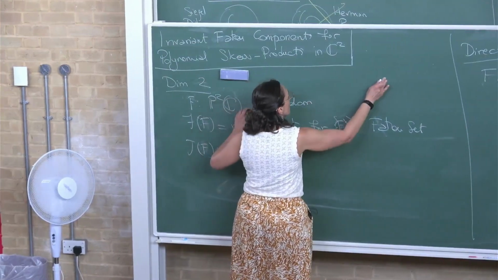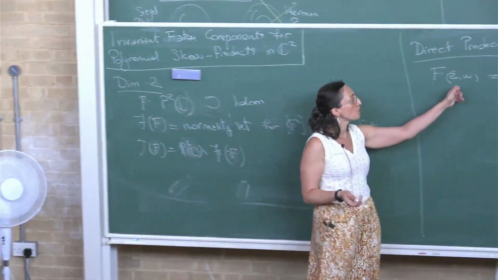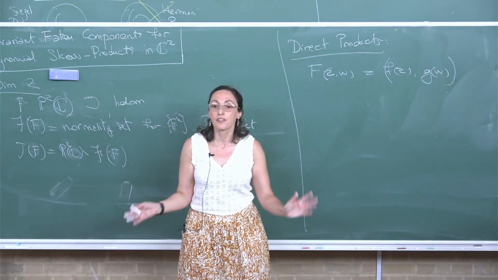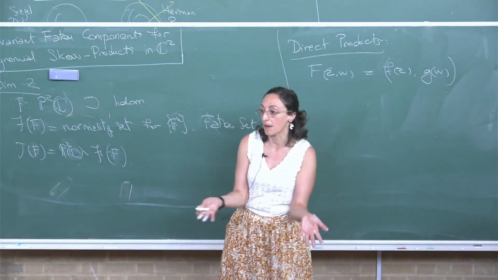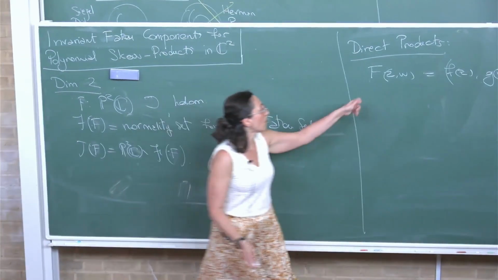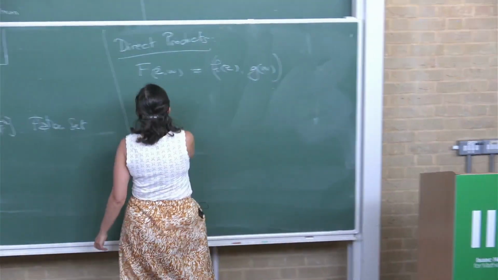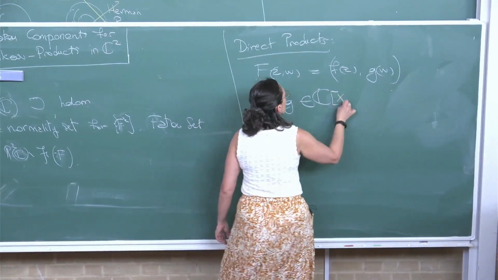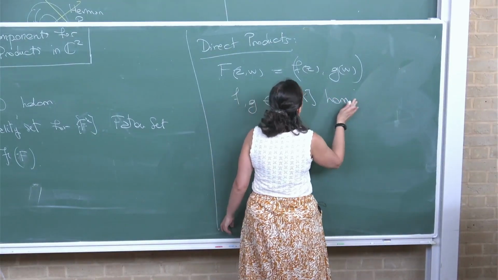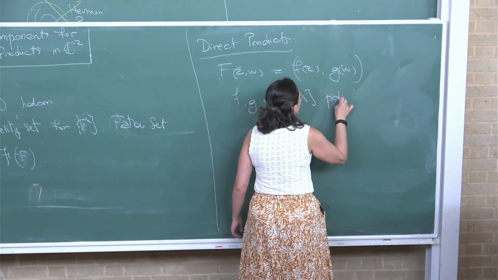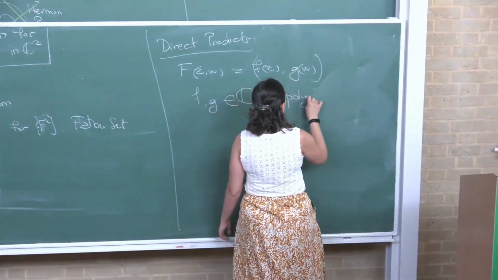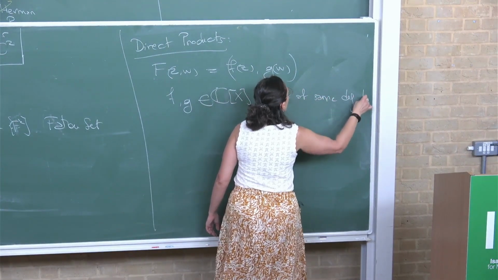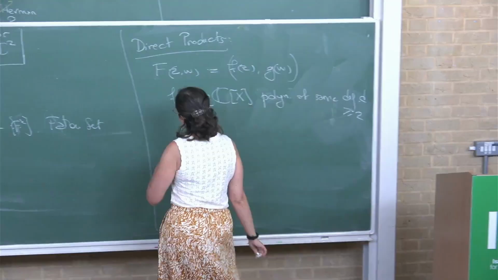Because here I might choose to see P2 as C2 plus the line at infinity. And so I could tell you, I'm going to take something where F and G are polynomials, sorry, not homogeneous, polynomials of the same degree, at least 2.